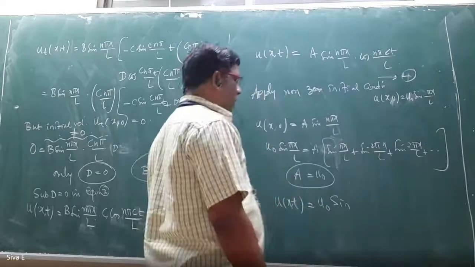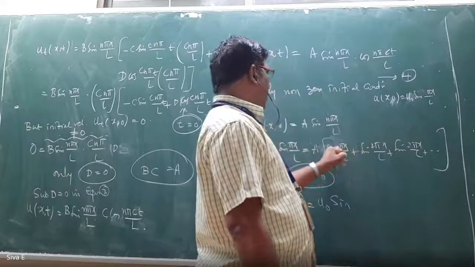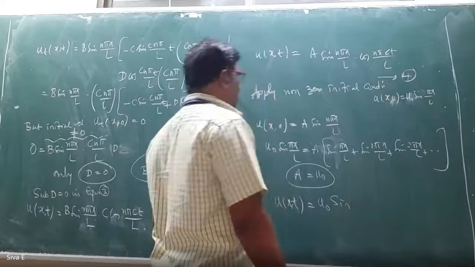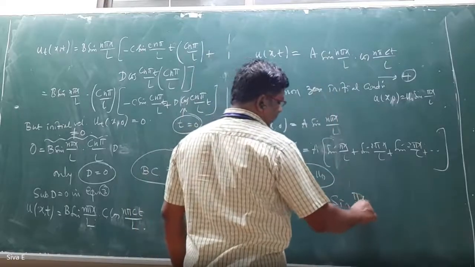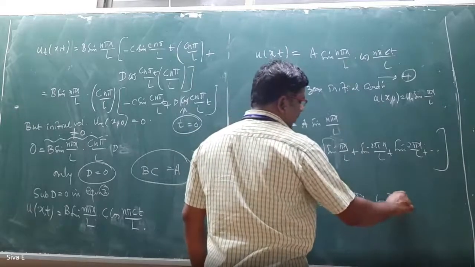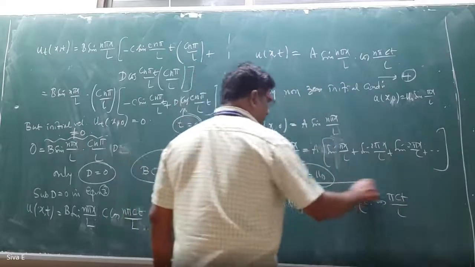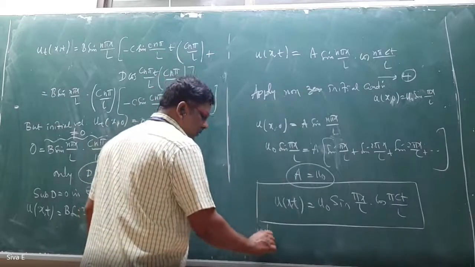Here n equal to 1 only appears, and all the other terms for n equal to 2, 3 are 0. This is the method to get the solution.